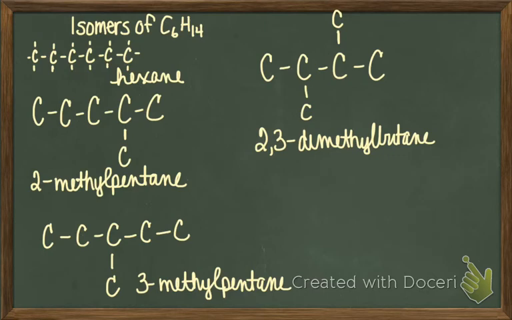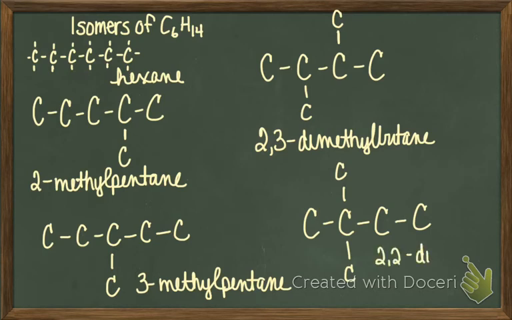Now I could also take the methyl groups and I could put them on the same carbon. And by doing this, I now have a new isomer of hexane, or C6H14, and this would be called 2,2-dimethylbutane.